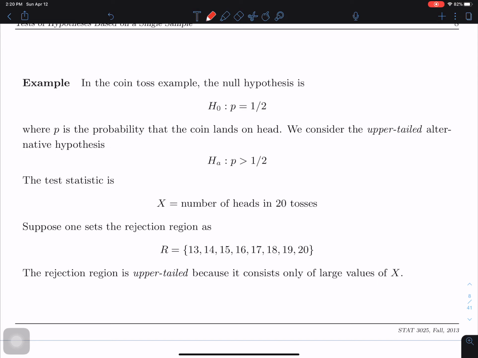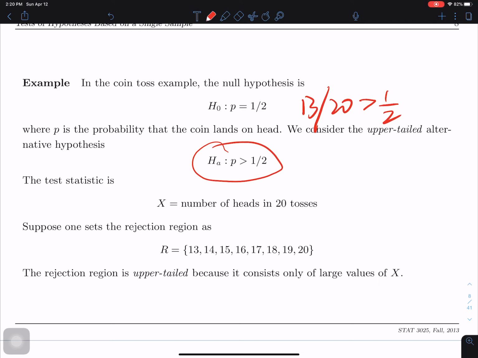So in the coin toss example, the null hypothesis is that the probability is equal to 1/2, where the probability is the probability that the coin lands on heads. And because our 13 divided by 20 is a little bit greater than 1/2, we put the alternative hypothesis like this: the probability is greater than 1/2.